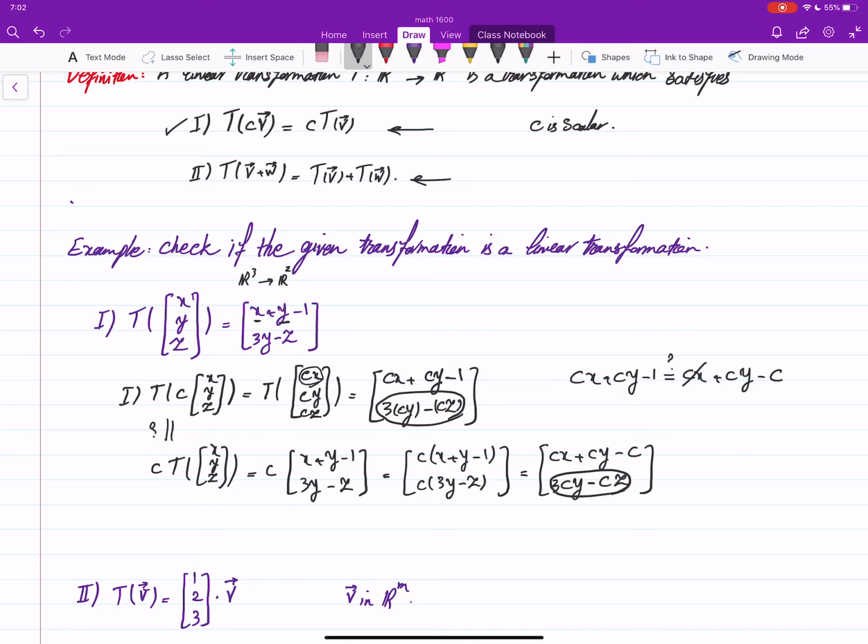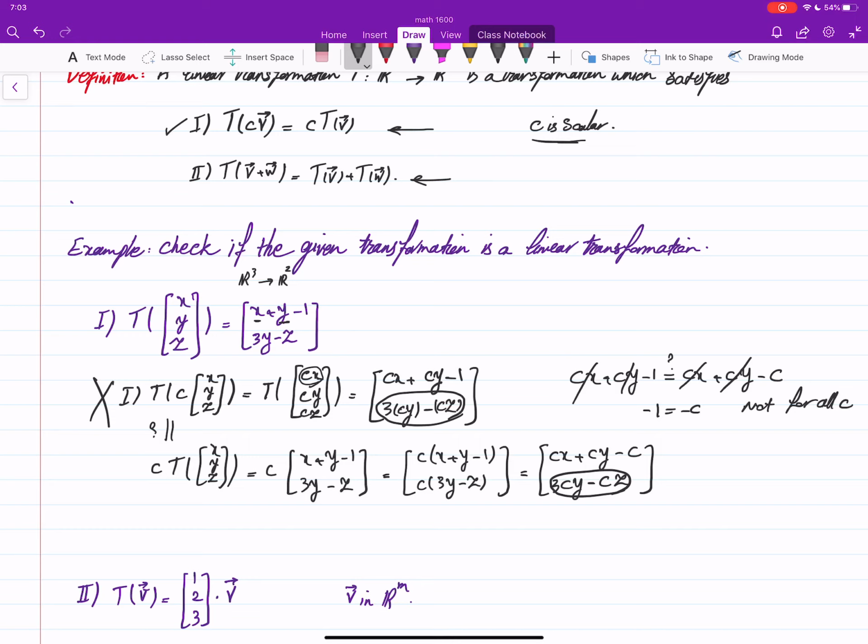Well, as you can see, this cancels with that, this cancels with that. And as you see, no, not for all c. This doesn't happen. This needs to be true for all c's, but this is not true for all c's. So that right away means that it fails the first condition.